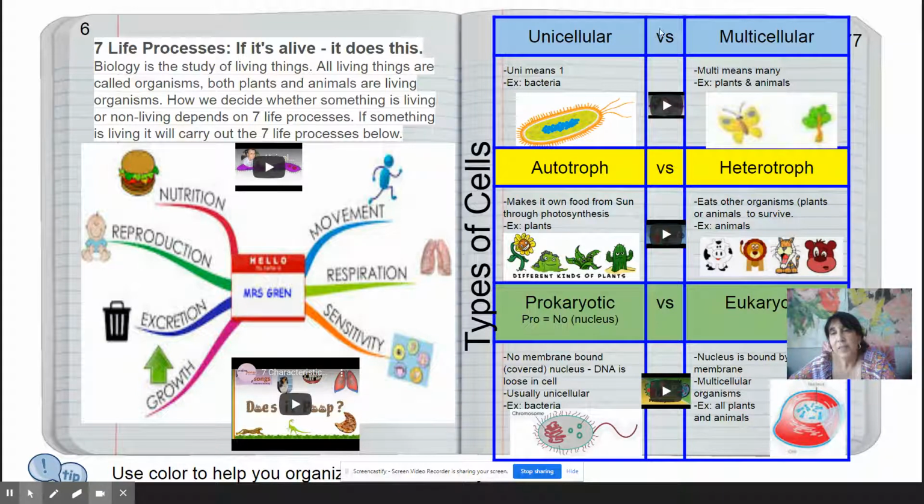That is compared to multicellular organisms. Multi means many. And sure enough, butterflies are made of many cells, and so are trees. So these are organisms made up of more than one cell, many, usually billions.